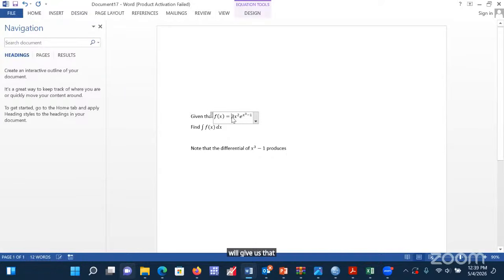And that suggests that integration by substitution will work.